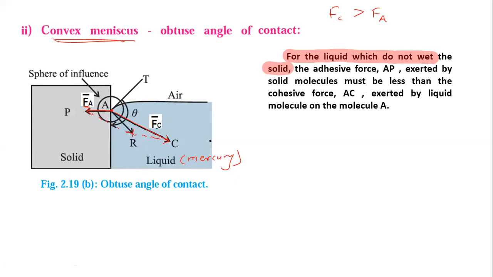Although mercury is a liquid, it is still dry because mercury does not wet any solid. So this adhesive force, here I mention it by FA, but you can use FA also, exerted by the solid molecule must be less than the cohesive force. Means here adhesive is lesser. So this adhesive force is less than this cohesive force.